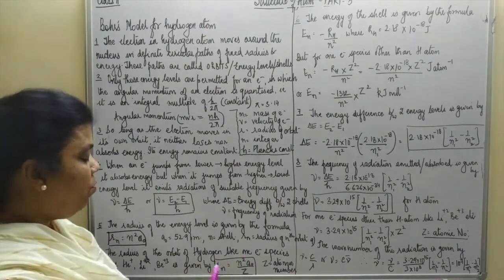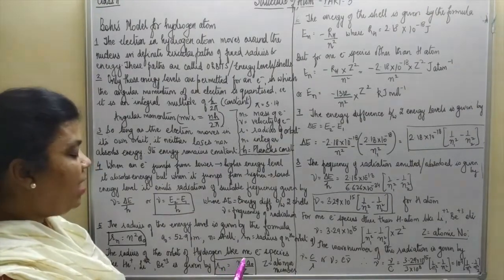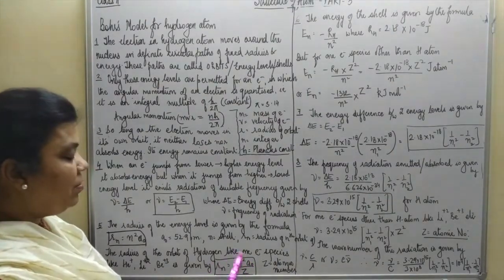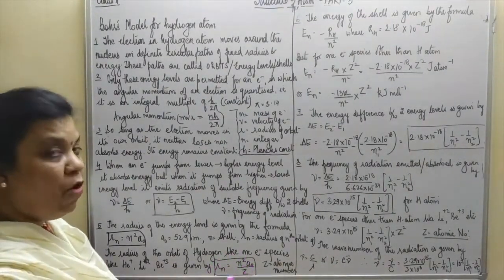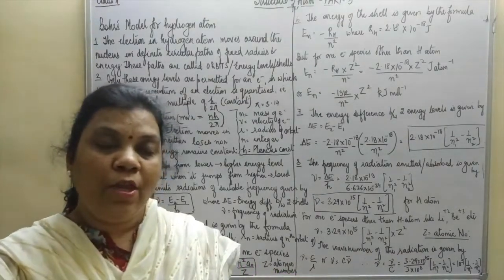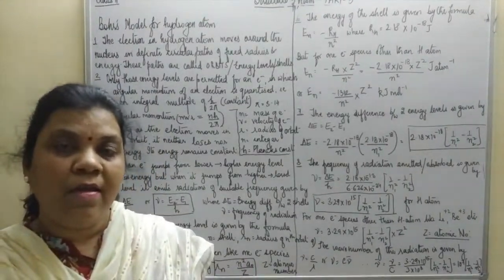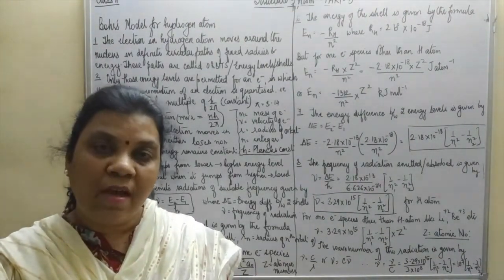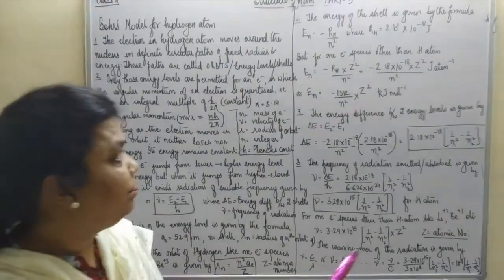So remember the formula Rn equals n square into 52.9, the value of a naught, divided by Z, where Z is the atomic number. You will use this formula when you are asked to calculate the radius of any orbit for a one-electron species other than the hydrogen atom.